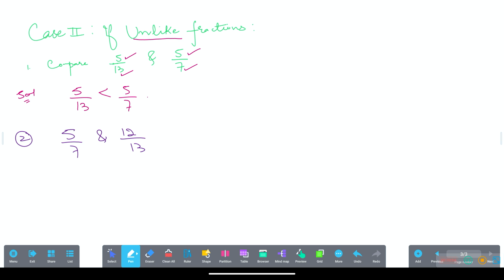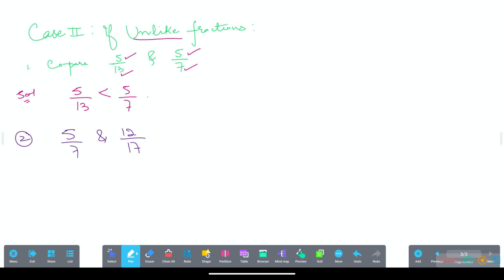Let me write in place of 13, I will take one more different example. 5 by 7 and 12 by 70. Now here the situation is different. Neither the numerator is the same nor the denominator is the same. Now this is the perfect example of comparing unlike fractions.